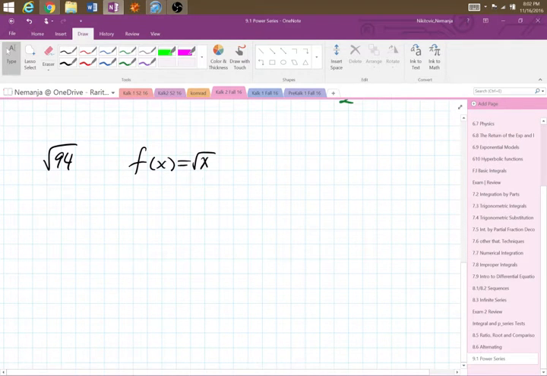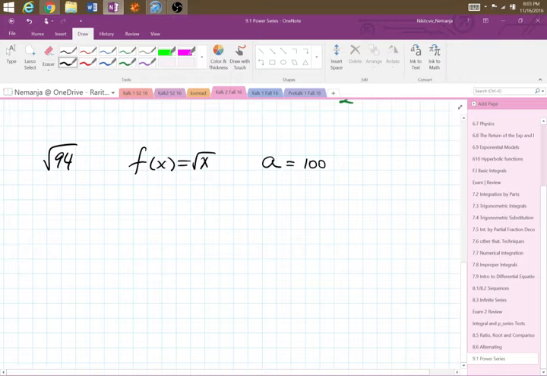And I also know that this a should be 100, because it's easy to find the square root of 100. The other close number is 81, but 81 is 13 away from 94, where 100 is 6, right? So it's closer to 100 than to 81. So let's use 100 as our number. So that's our a.